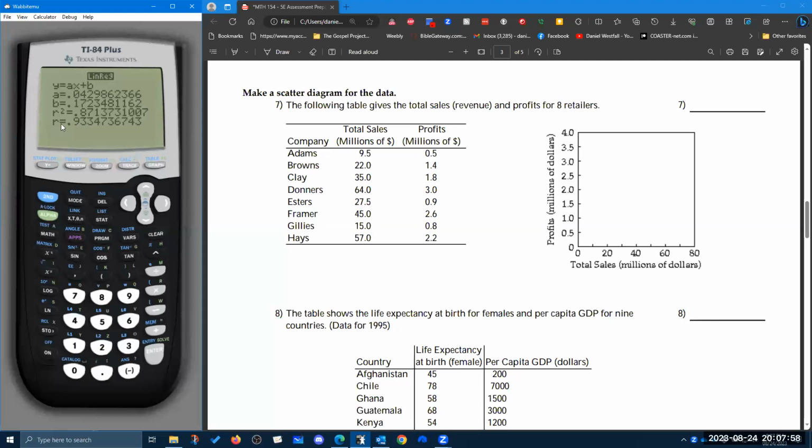Another way to look at that is that if we take the square root of r squared, we'll get this number r, and it's positive. And that's quite a strong positive correlation, because your correlation coefficient here goes between -1 and 1, with -1 being a perfect negative correlation and 1 being a perfect positive correlation and 0 being no correlation.